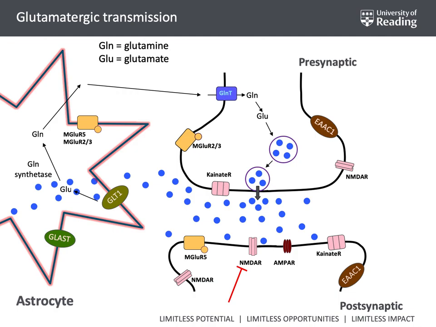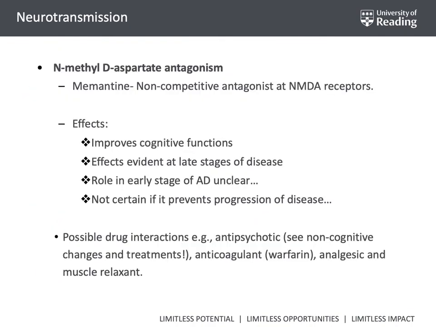So one of the drugs that you'll be interested to hear about, and you'll also maybe recognize, is this antagonist, memantine. And that, in essence, targets the NMDA receptor itself. What it does is improve cognitive function. Again, there is some evidence that it's better at late stage, but again, that's not robust data sets.